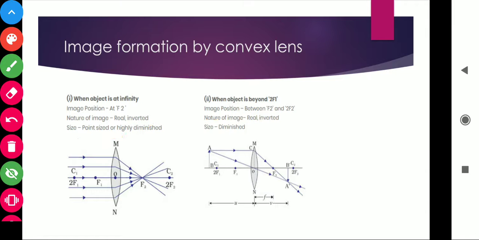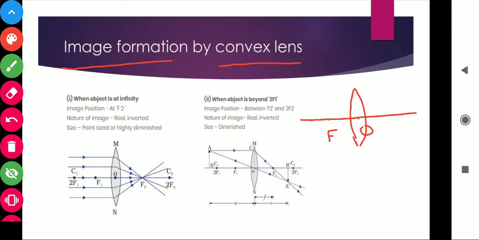we have discussed the rules for obtaining the ray diagram or image formation by convex lens in the previous video. Let's revise once again. If this is the convex lens, this is the principal axis, this is optical center, this is F, and here we will call it 2F.